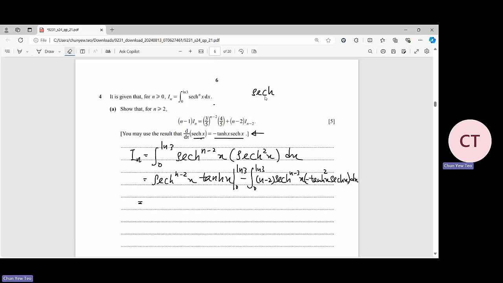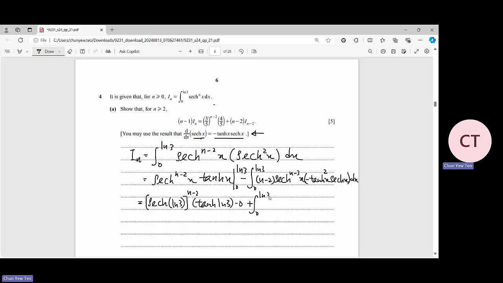Okay, we can write it down over here: sec ln 3 to the power of n minus 2, tan ln 3, minus 0. So I put 0 inside, I get 0 over here, so the whole thing will become 0. Then this one got negative, and this one also got negative, so negative will become positive.